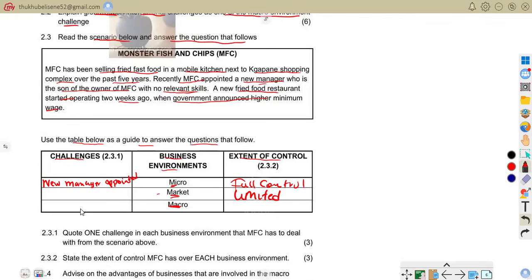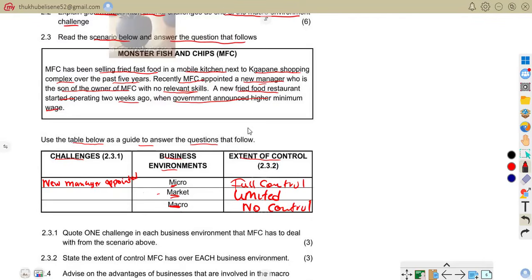The business cannot control government laws. So they have no control. That is that.